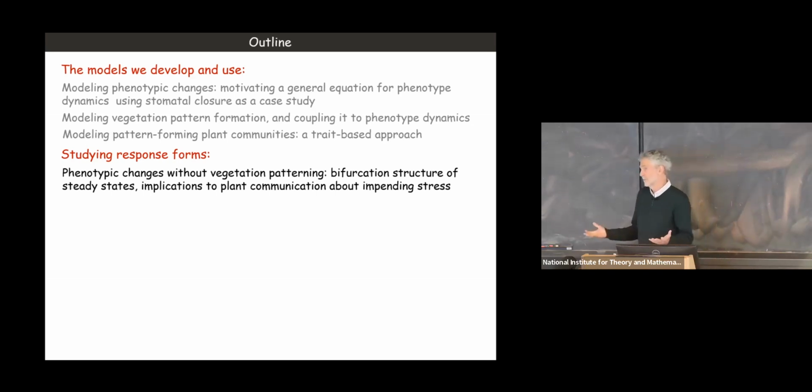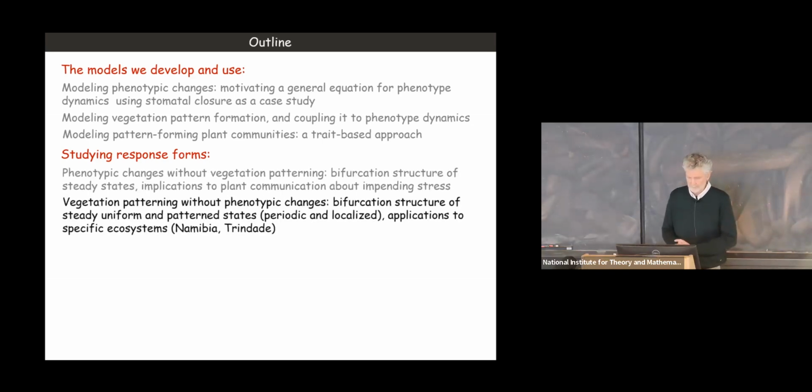This may be relevant to ecosystems where the feedbacks that form spatial patterns are too weak. In that case, I'll describe the bifurcation structure of steady states and the implication in particular to plant communication about impending or potential stress.